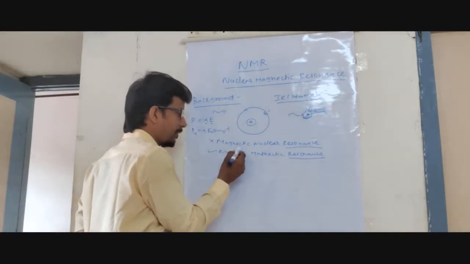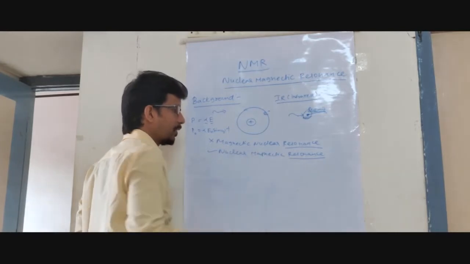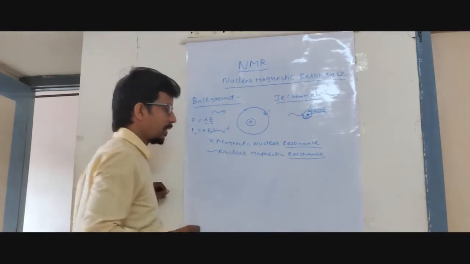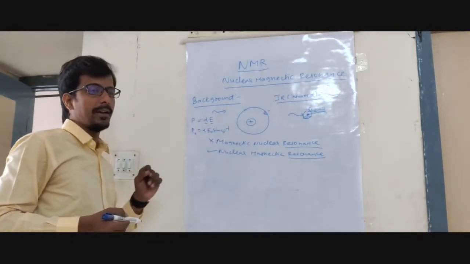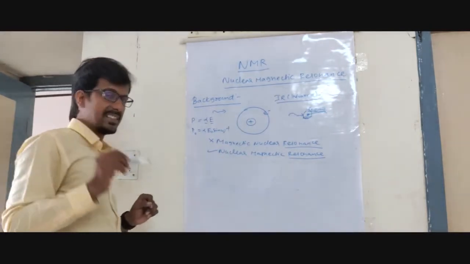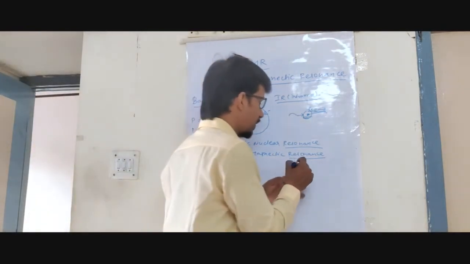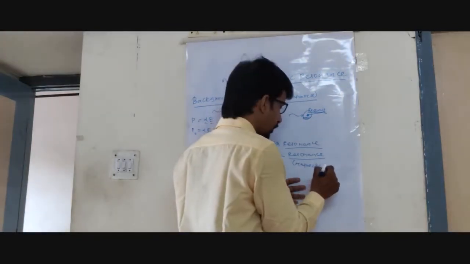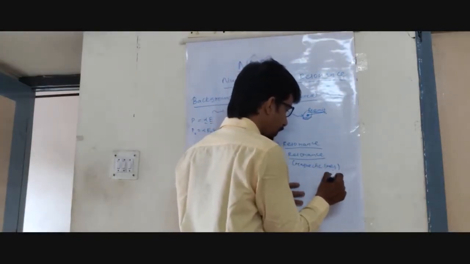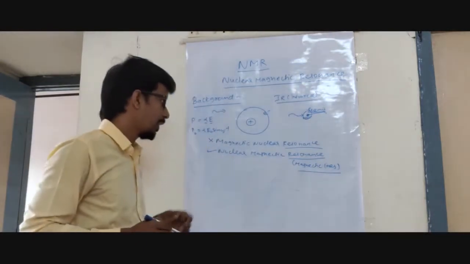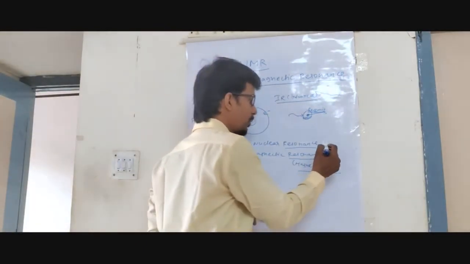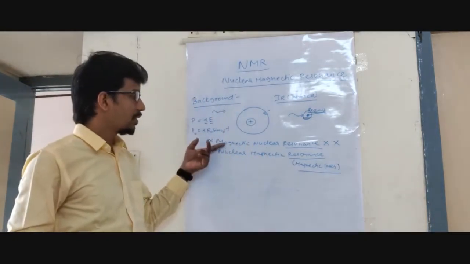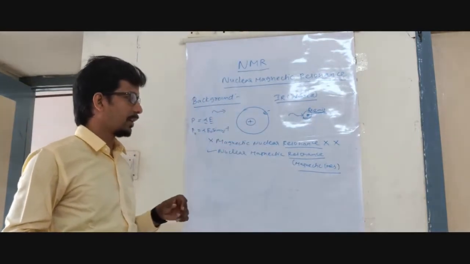Because a magnetic field will not be generated unless we have the nucleus. If the nucleus is there, only then are we going to generate the magnetic field or magnetic lines. Otherwise we are not able to generate the magnetic field, because by using a magnet, the nucleus cannot be created like that.